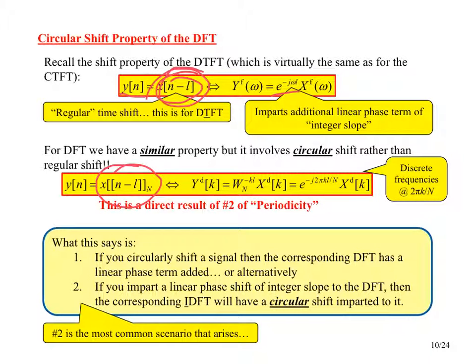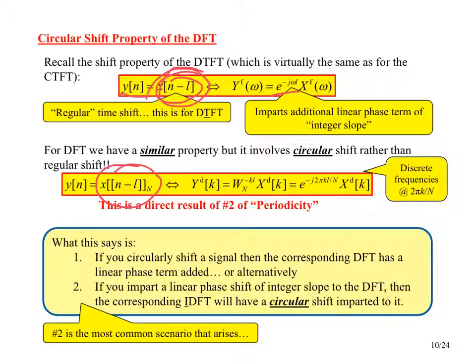And remember this, when we're dealing with the DFT, we're talking about a chunk of signal. So when we shift this by L samples, it's going to circle around and come back in the other side. That's what we talked about with a circular shift.